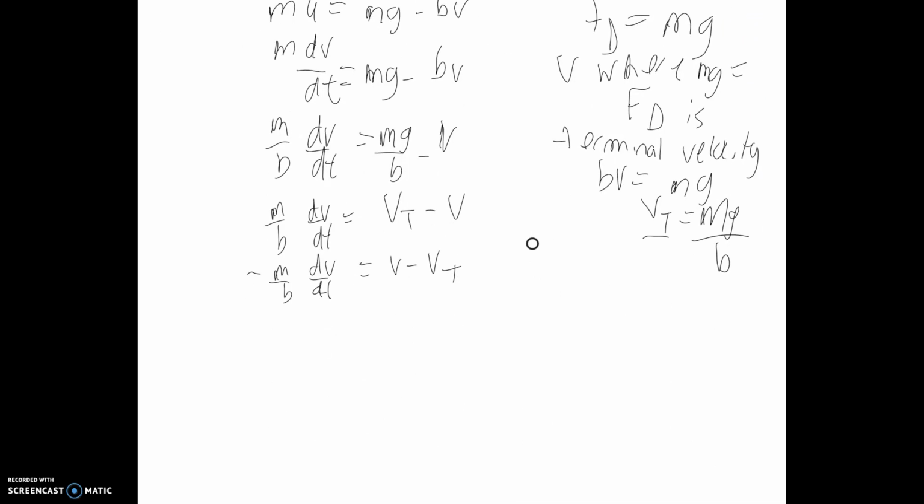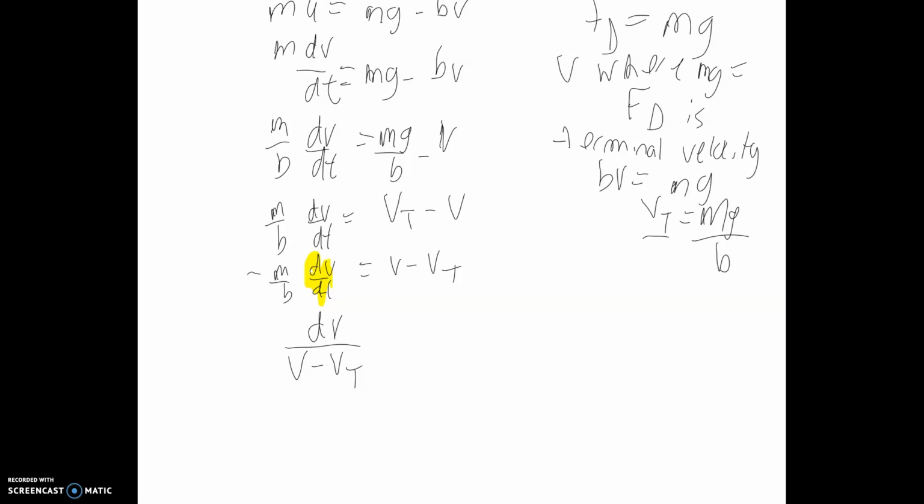I'm going to separate my variables. I'm going to put all my v things on one side and everything that's not a v thing on the other. So I'm going to disassemble this whole differential, and I'm going to say dv over v minus vt. So I'm taking this part here.